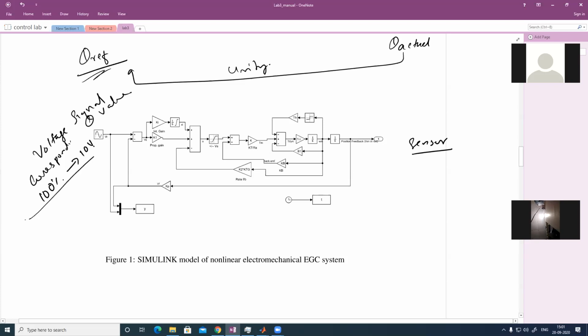So for 100% command amplitude, you get 10 volt as input, and according to that you have to give this theta reference. Now it is removed, and you are applying a voltage signal that comes from the hardware.